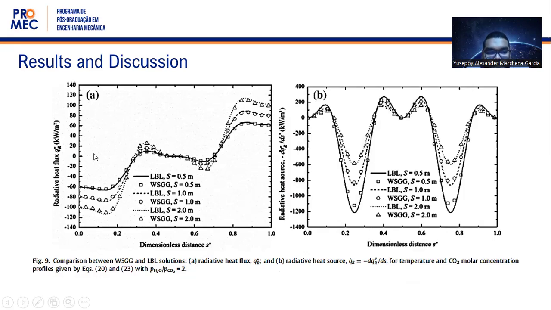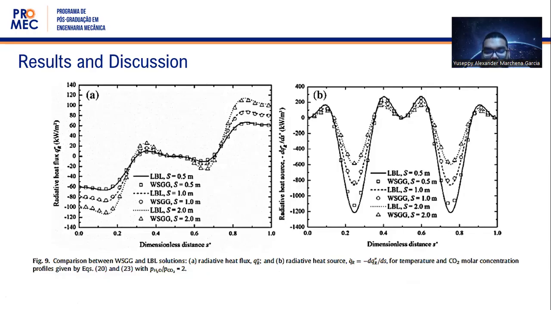The radiative heat flux, as we can see in figure 9a, vanishes not only at the center of the domain, but also at the location of maximum temperatures. Here too, we can see it here and here too, right? That is a very complicated and complex behavior.